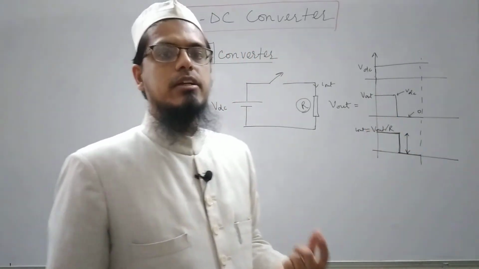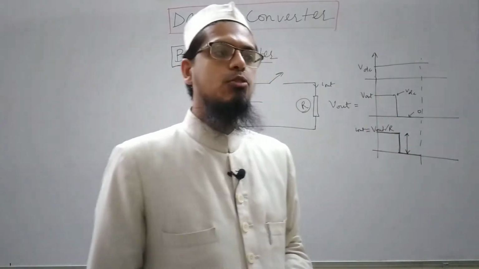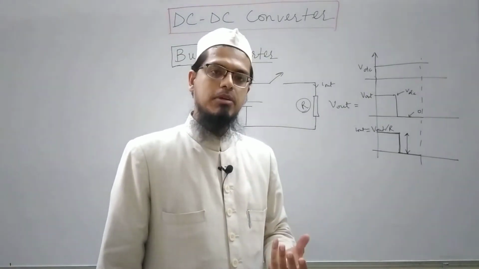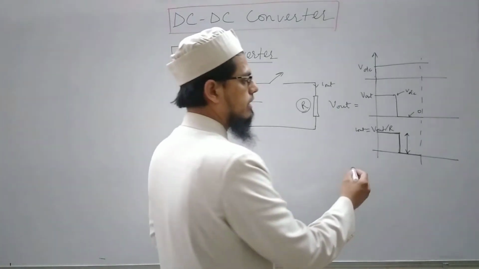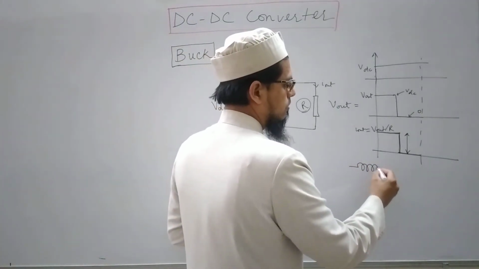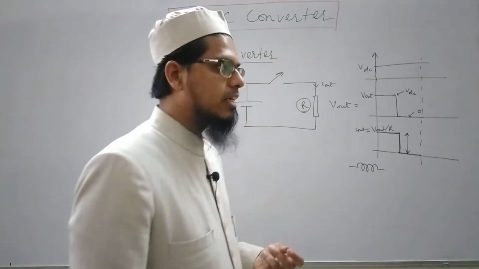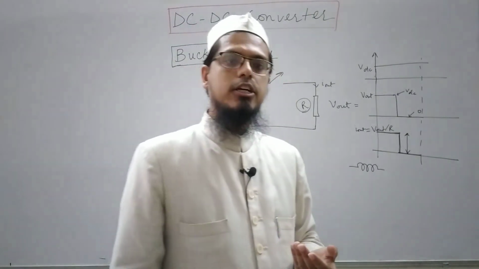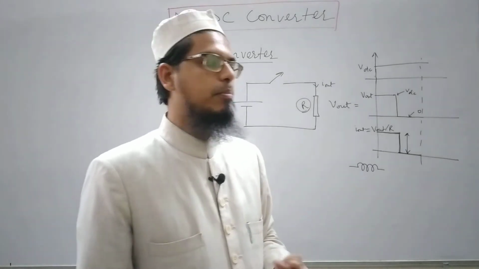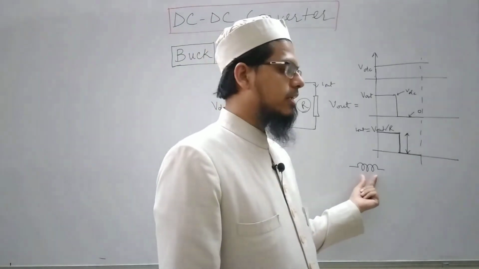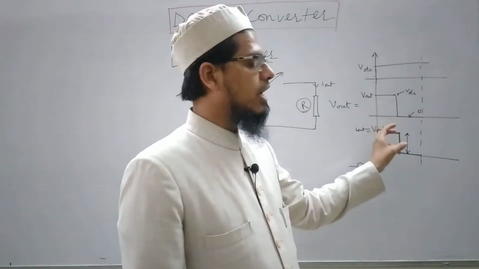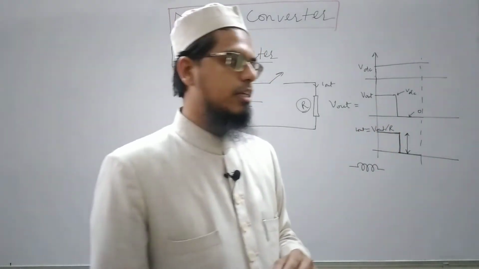How to reduce the current ripple? We do have a passive element to help us, and that is the inductor. The property of an inductor is that it does not allow a sudden change in current through it. So we can use an inductor for filtering out the otherwise large ripple that is there in the current.